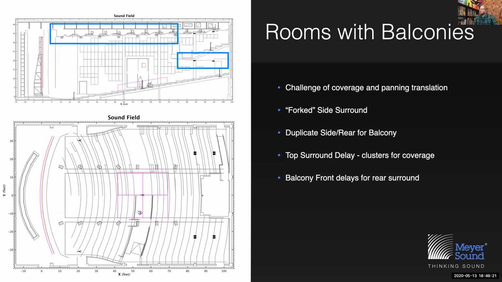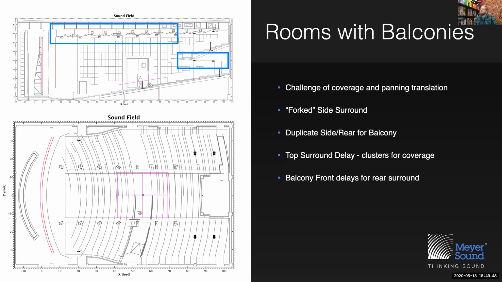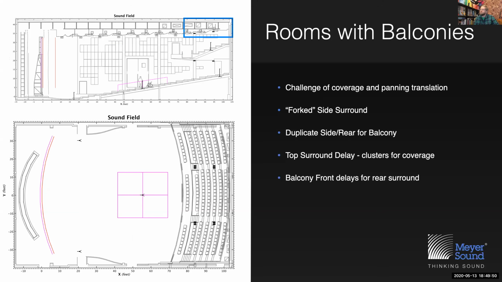So that was what we worked on with Dolby, bringing the top surrounds closer, but making them wider in dispersion to cover as many people as they could, so that when some object is panned from the front to the rear, those levels are all similar, and everyone is in the coverage of as many loudspeakers as they can be. And then that's the top balcony.